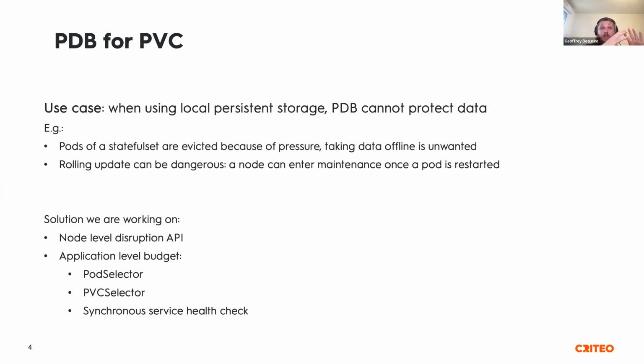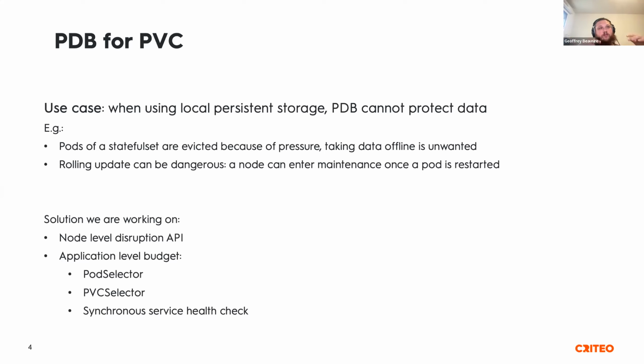And PDB cannot really protect all the cases because it only protects data when the pod is running. When the pod is not running, you might have a persistent volume that is bound to something, and it won't protect that case.